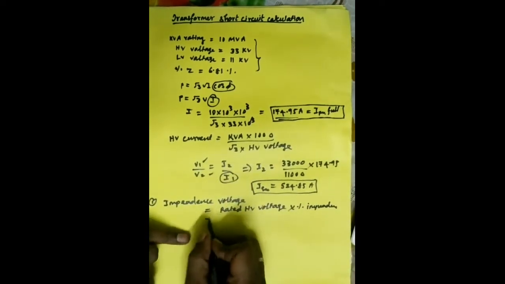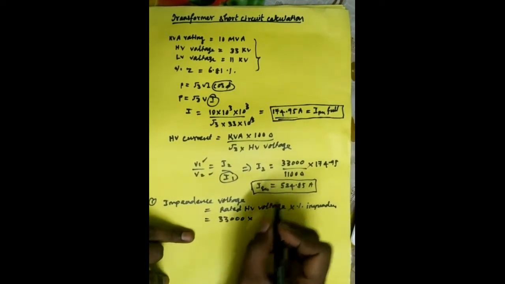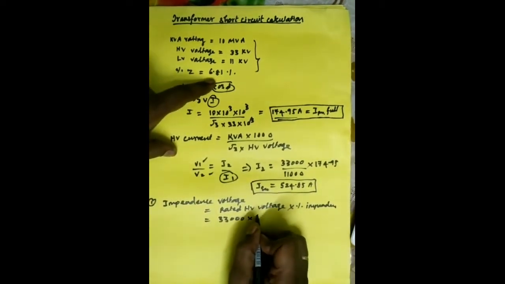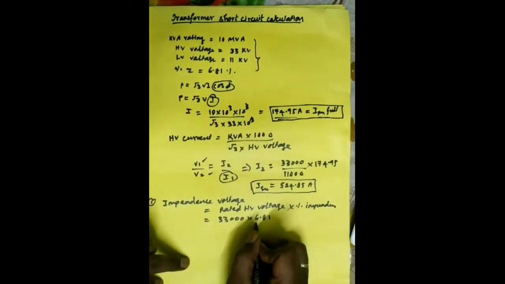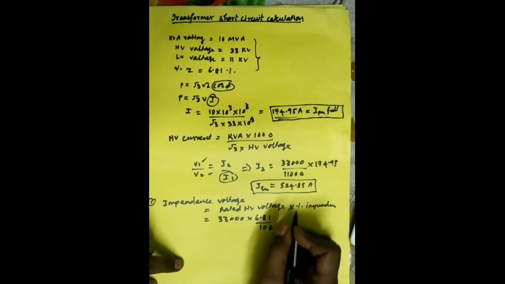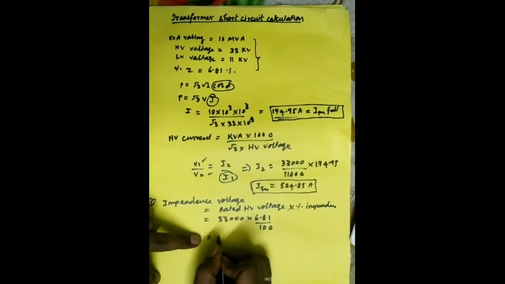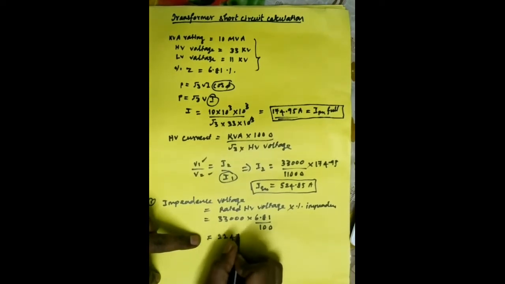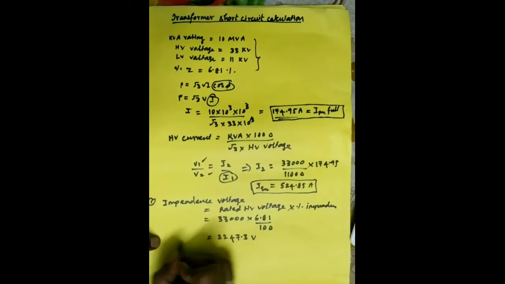Here our rated HV voltage is 33,000 and percentage impedance is 6.81. Since it is percentage, we put divided by 100. If you solve this, you will get 2247.3 voltage. This is impedance voltage.